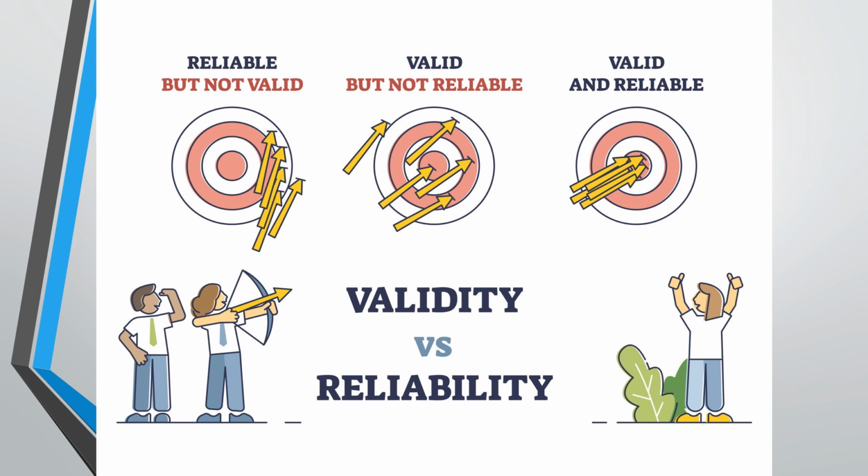So by incorporating these steps, it would enhance the validity and reliability of the EOC, providing a more accurate measure for student achievement and to make sure that students are well prepared for this final exam and to receive a good score.